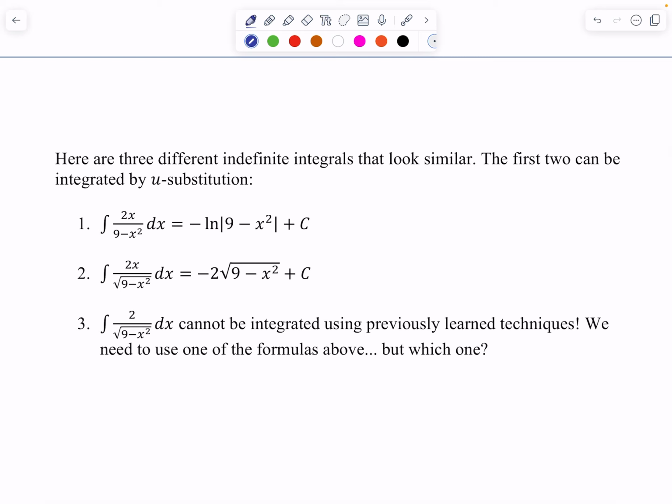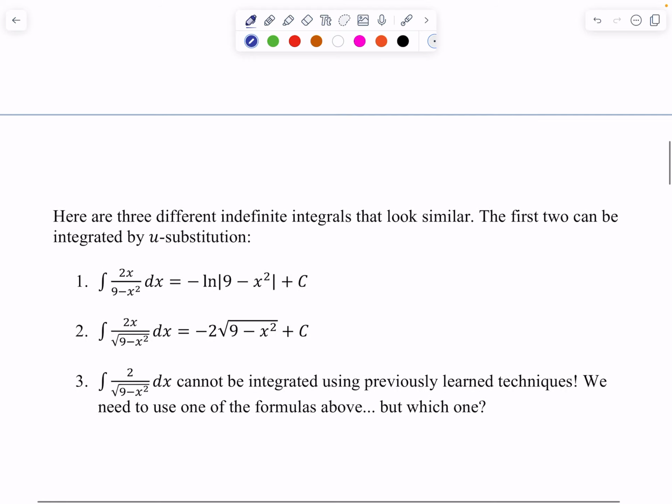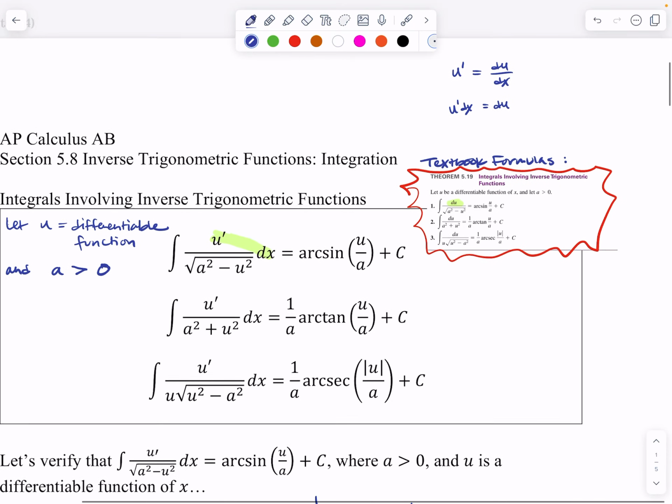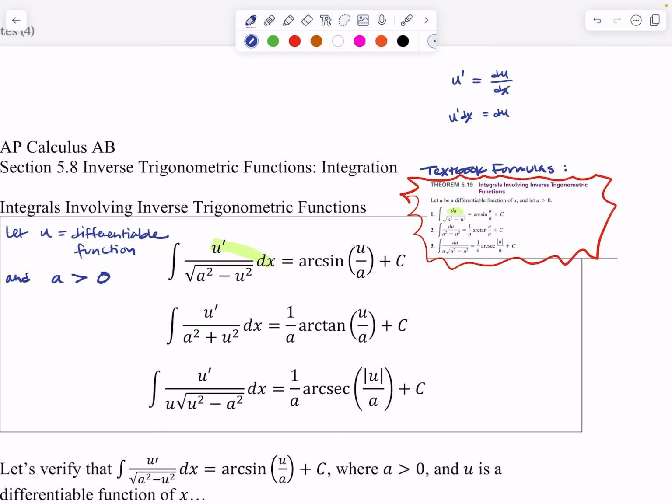So we're going to have to use one of the formulas above, and we think, okay, well, what does this kind of look like? And I see, okay, 2 over the square root of 9 minus x squared. So going back up here, I'm like, okay, square root of, it looks probably the most like that first formula, right?